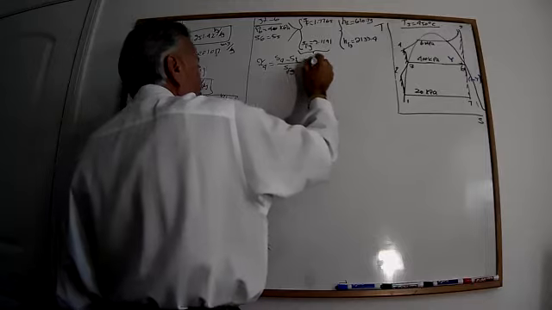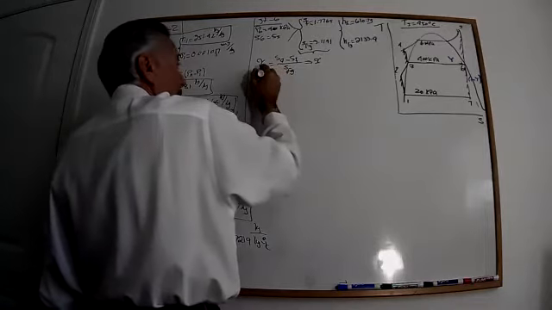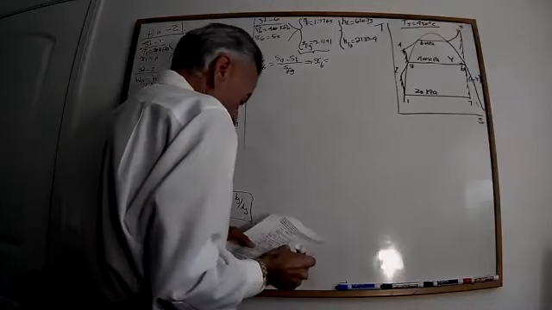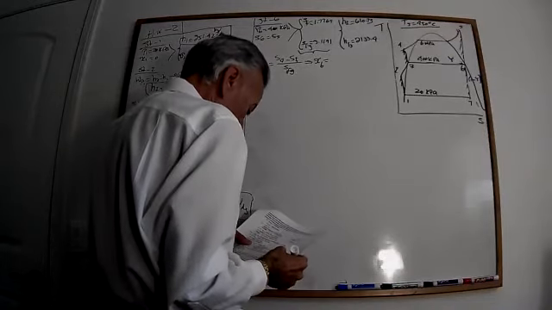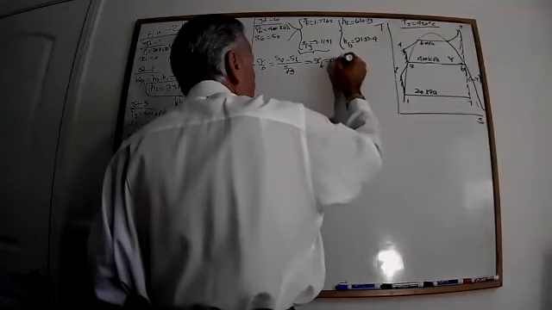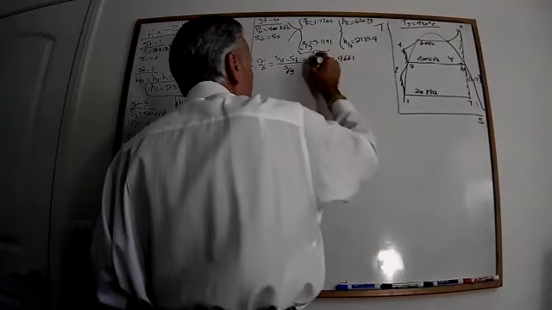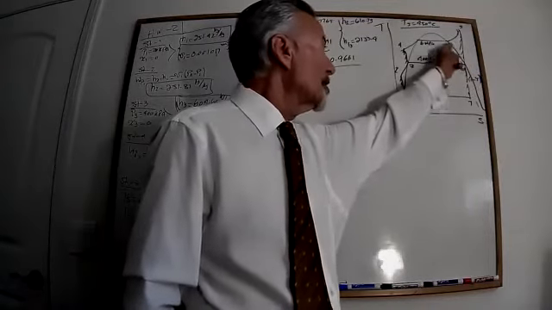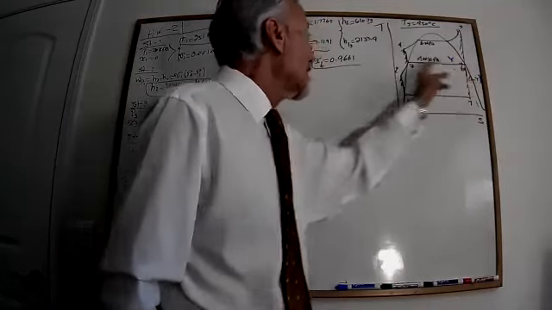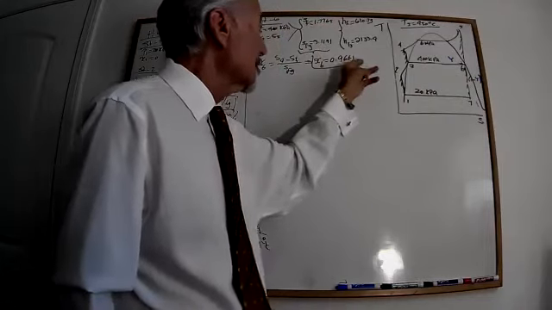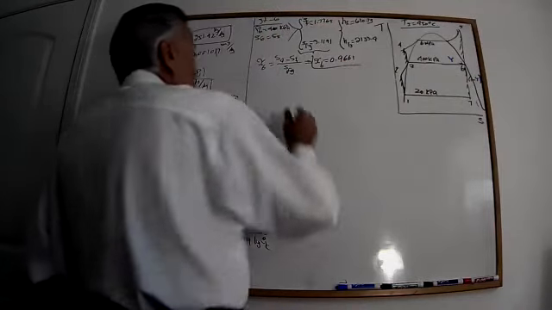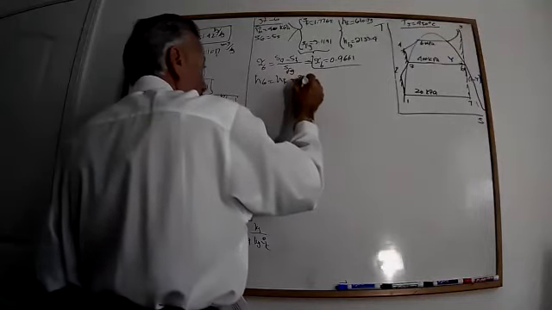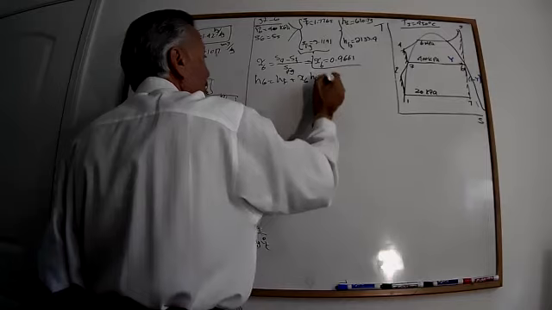Again, from this, we find X6 to be S6 minus S of F divided by S of FG. So X6 becomes 0.9661. And as you notice, my point 6 is pretty close to the saturated vapor line. That's why the quality is 0.9661. So H6, which is H of F plus X6 times H of FG.